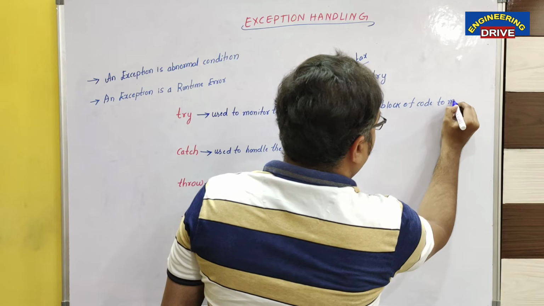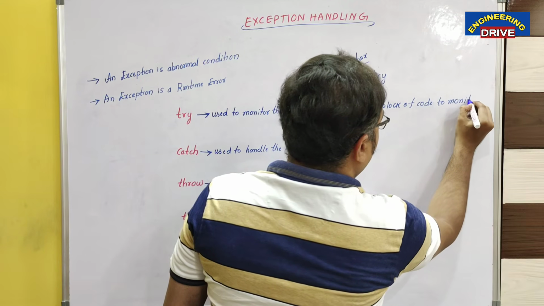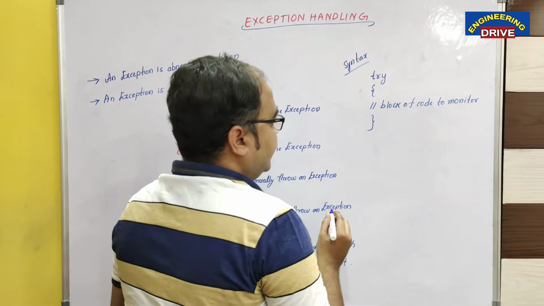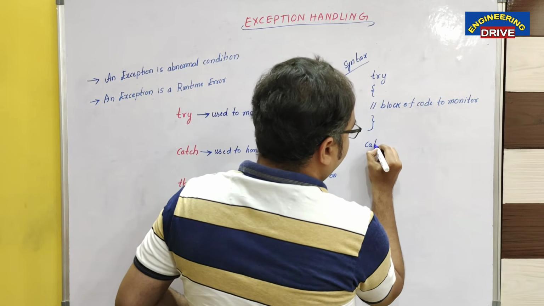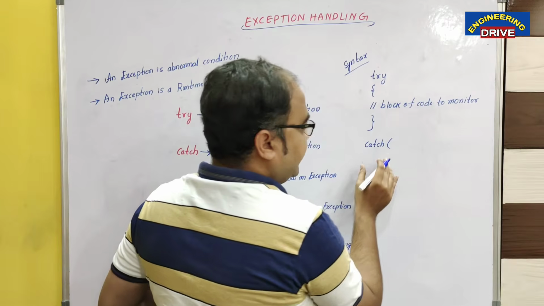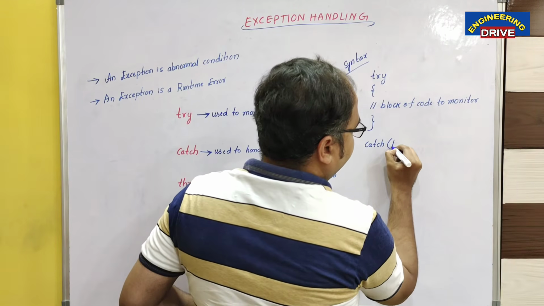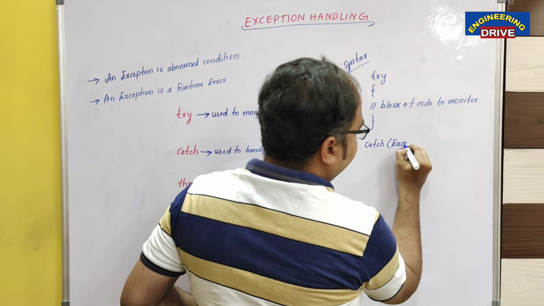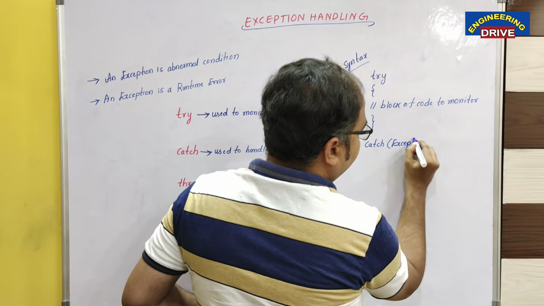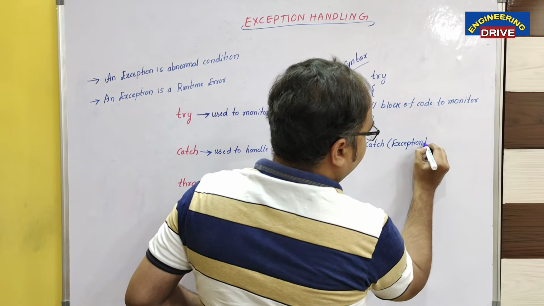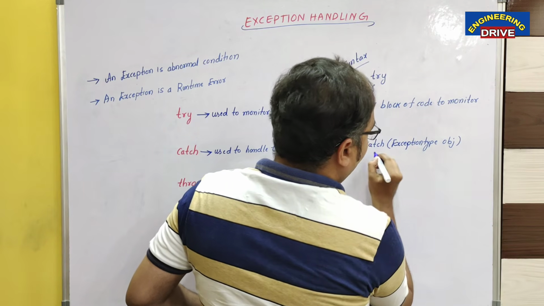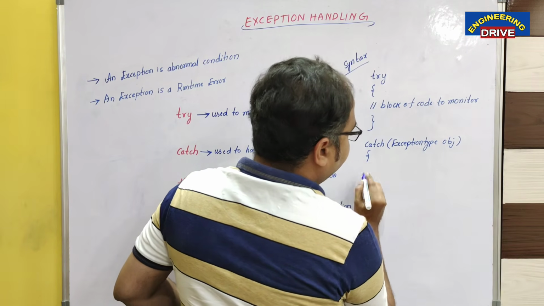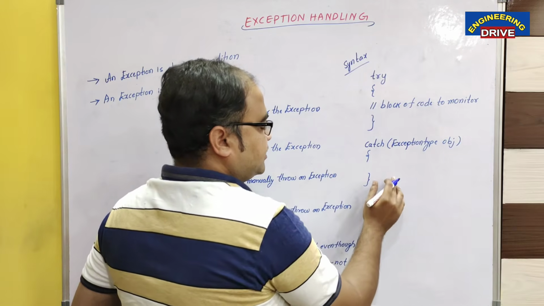Next we will have the catch block. It will handle the exceptions. Here in catch we need to write the exception type and object, and the relevant statements which you want to display to handle this exception.